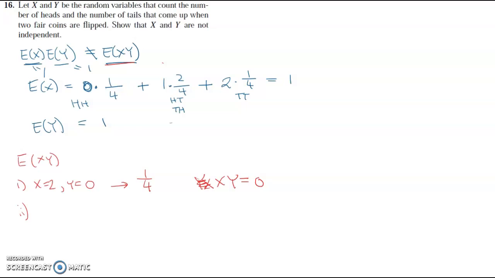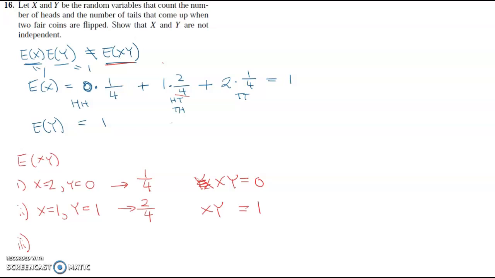The second case is x is 1 and y is also 1. So what's the probability that this is happening? It's the same case here. We're going to have 2 over 4, either head tail or tail head. And the thing that's different from the previous calculation of E of x and E of y separately is that x times y is now going to be 1.